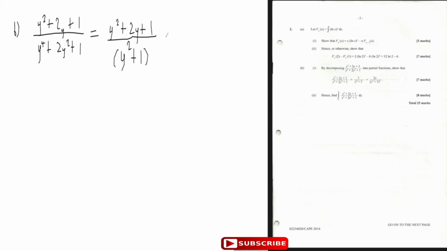All right. Then by partial fraction, I know I can separate it as (ay plus b) over (y squared plus 1) all squared, plus (cy plus d) over (y squared plus 1).